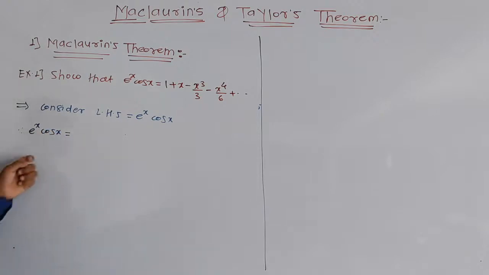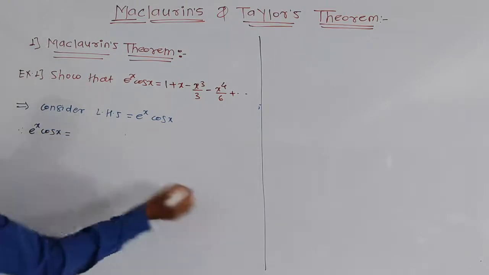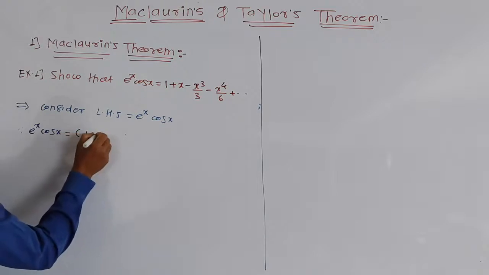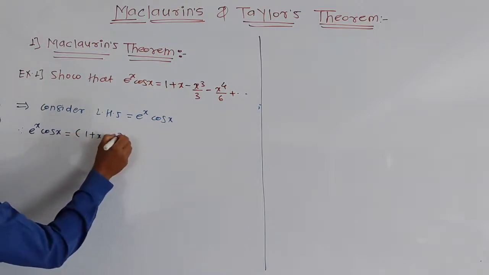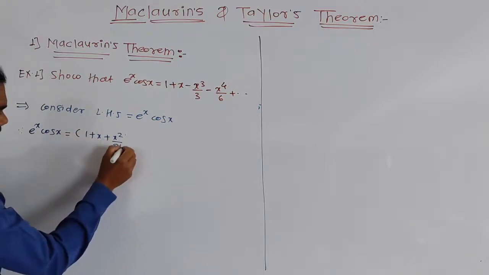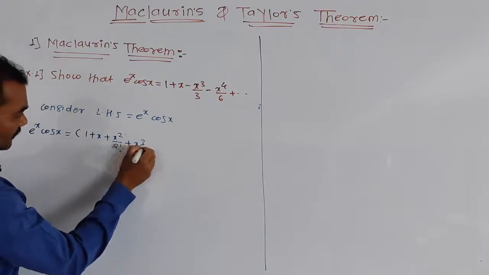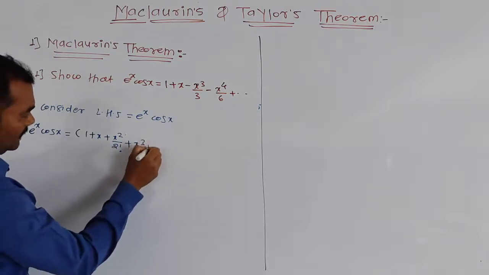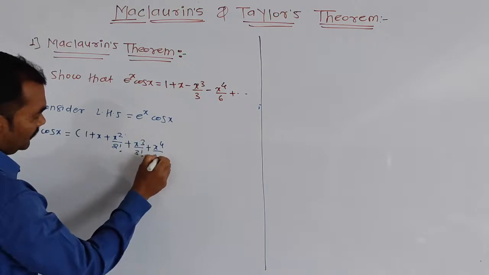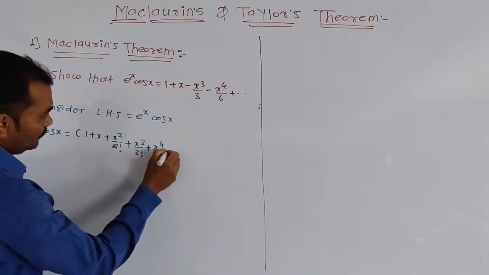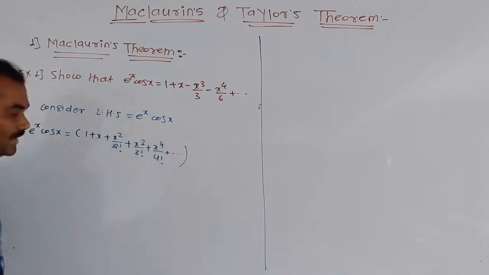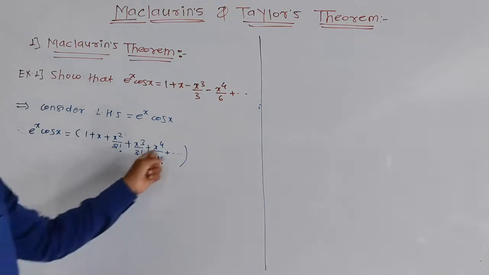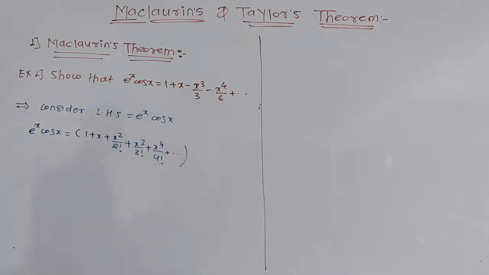We know the series of e raised to x, which we wrote just now: 1 plus x square upon 2 factorial plus x cube upon 3 factorial plus x raised to 4 upon 4 factorial. We have to write up to the fourth place plus dot dot dot. It is not necessary to write the next term, because we have to find the answer up to the fourth power of x.